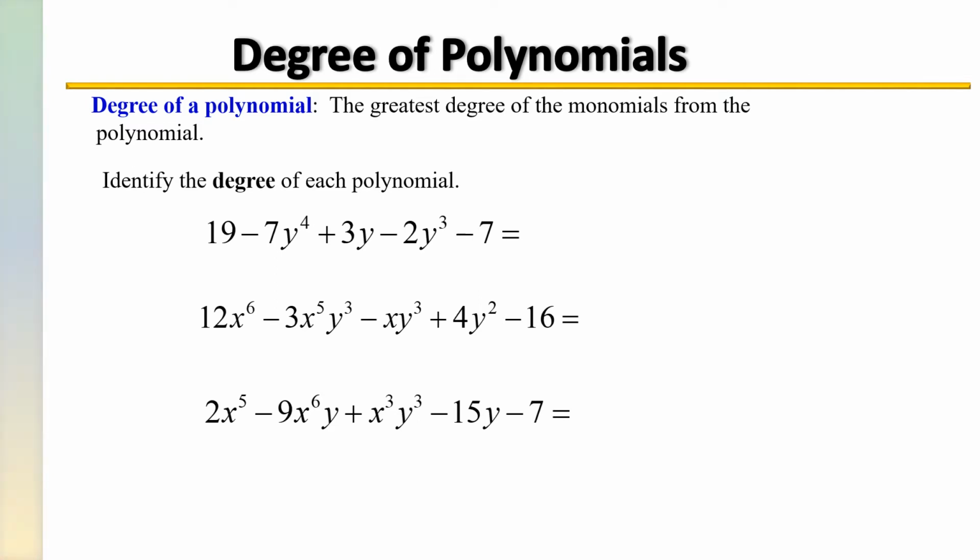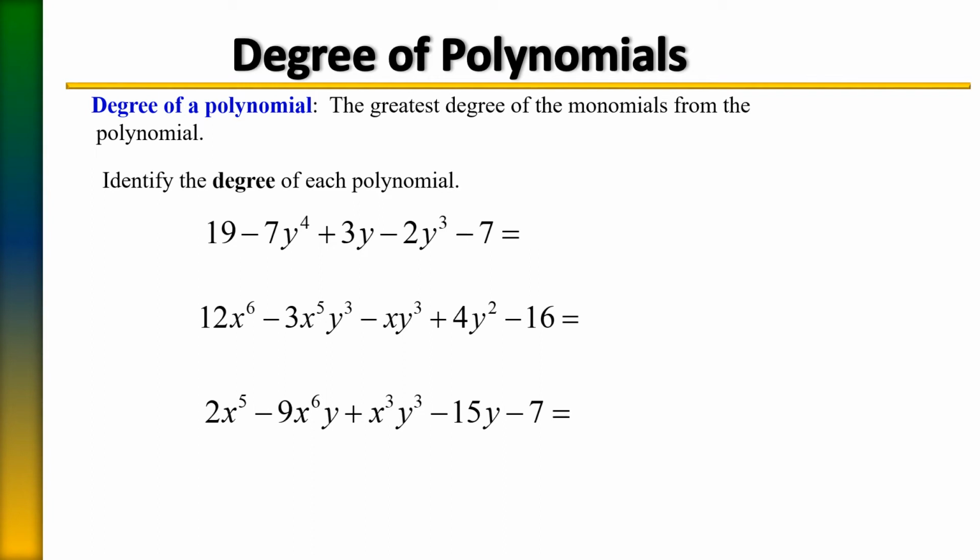Now let's talk about the degree of a polynomial. That's different. Now, to find the degree of a polynomial, it is the greatest degree of the monomials from the polynomial. Now, remember we talked about monomials, one term, and all of these terms are separated by a plus or minus sign in there.